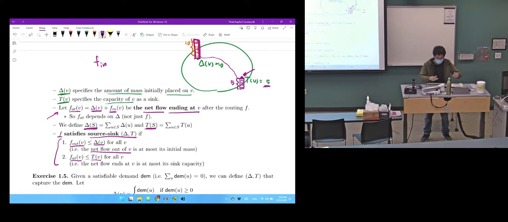I already defined it to be this thing, summing over W into V. So if this is V and this is W, and the edge goes out of V, then this edge already contributes negatively to F in.